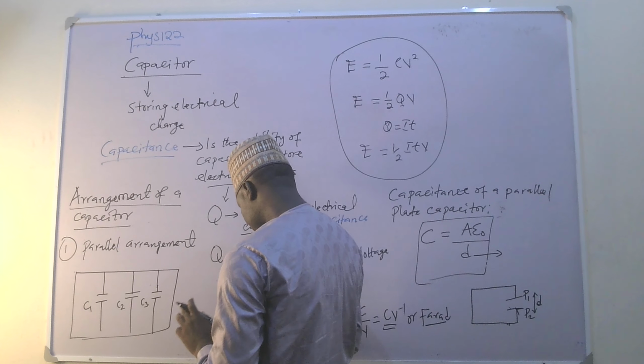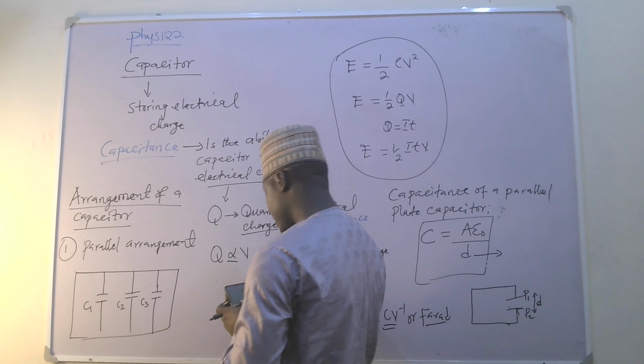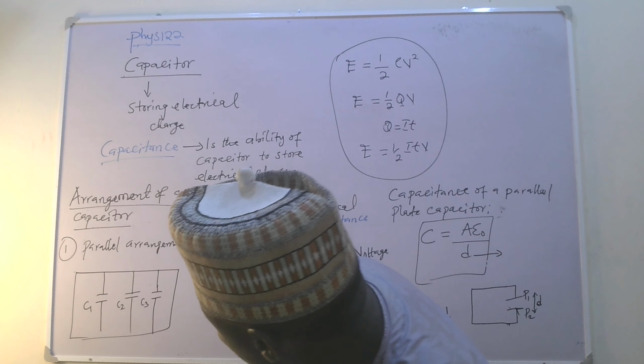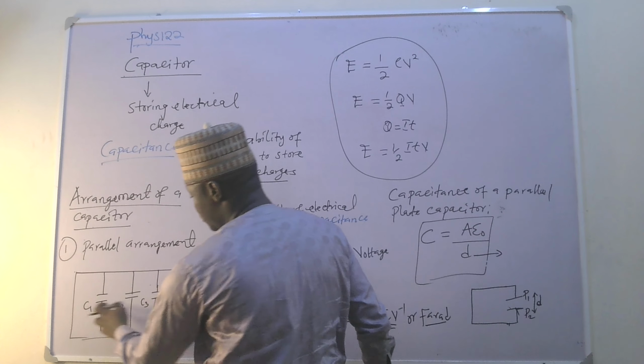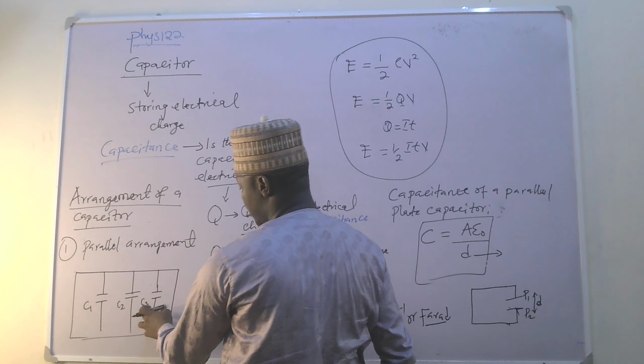So as you can see clearly, ladies and gentlemen, this is a parallel arrangement. C1 is parallel to C2, C2 is parallel to C3.